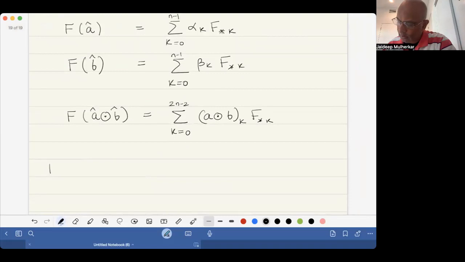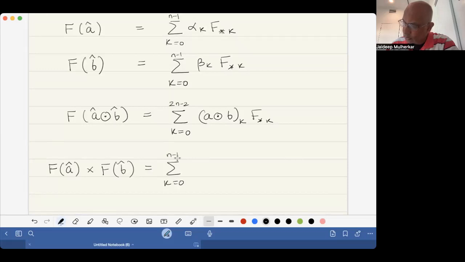Now, if I take f of a hat, and this symbol will always denote component-wise multiplication with f of b hat, then what do you get? You get the summation k equal to 0 to n minus 1 of alpha k f star k, multiplied dot-wise by the summation k equal to 0 to n minus 1 of beta k f star of k.